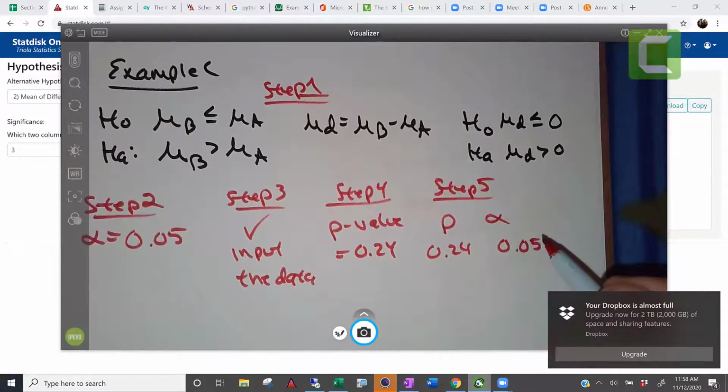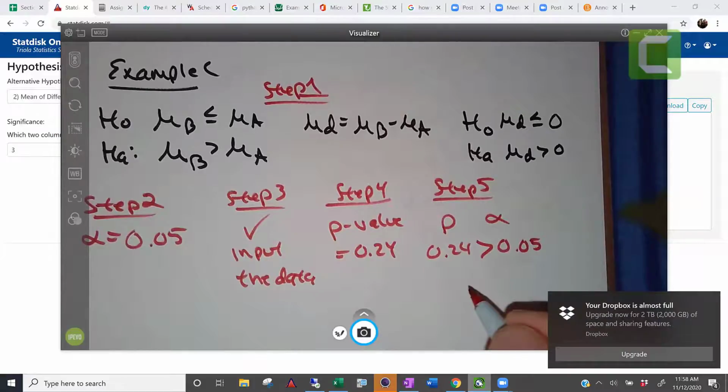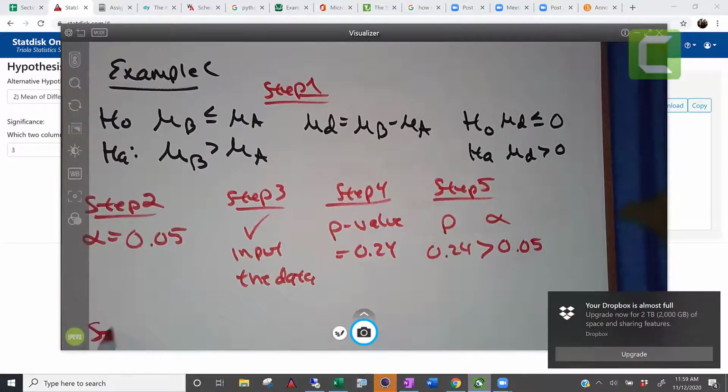Reject and fail to reject. Fail. P-value, go ahead. I was just saying fail to reject. Yeah, fail to reject. The p-value is greater than alpha. So if the p-value is high, H naught will fly. We're going to let it go. We're going to not reject H naught. So let things stand there.